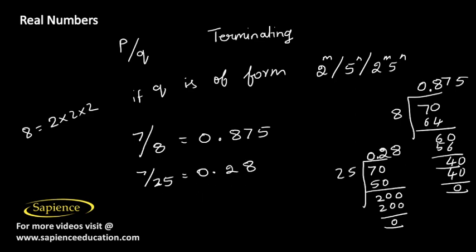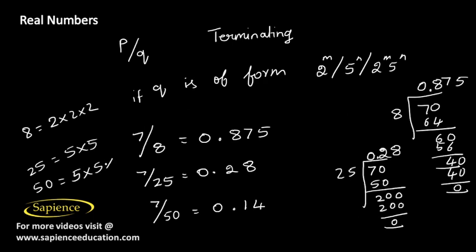This is terminating because 25 can be written in the form 5 into 5. The same is true for 7 by 50, which will give us a decimal value 0.14, and 50 is written in the form of 5 into 5 into 2. It has factors 5 and 2 alone.